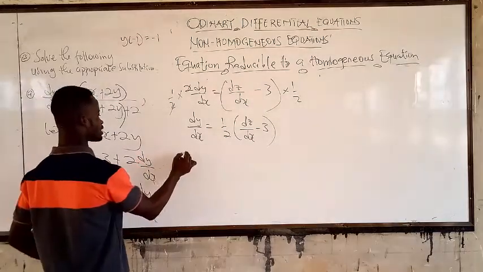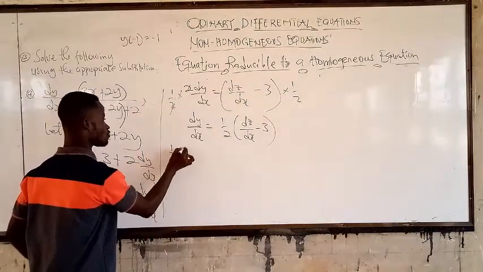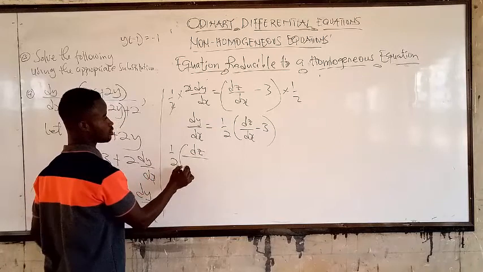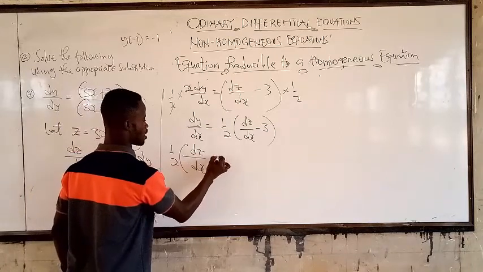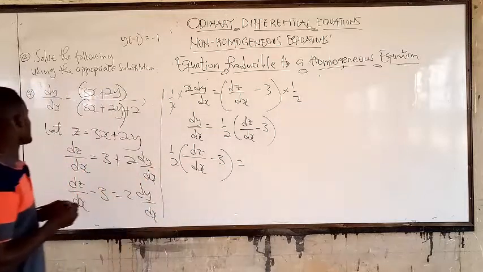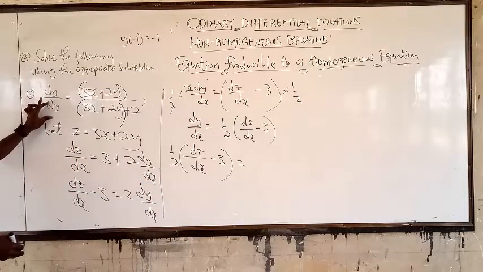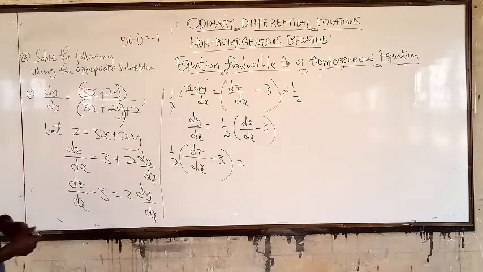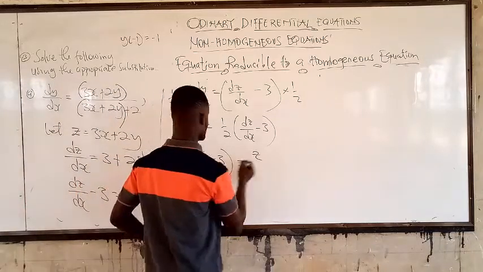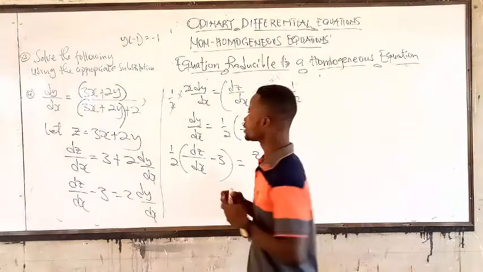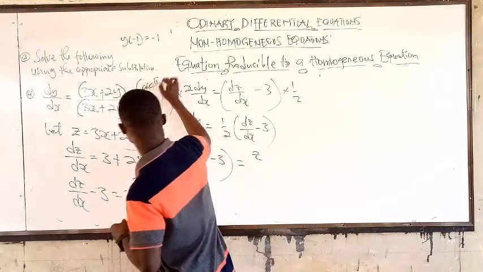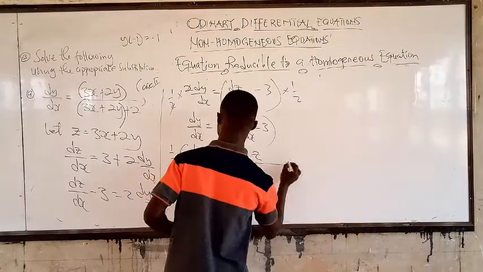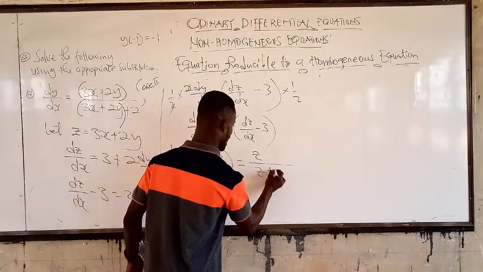So we get half of dz over dx minus 3 is equal to, and that is dy/dx. That is it. Then here this is it. Don't forget this is case 2. So here we get z over z plus 2.